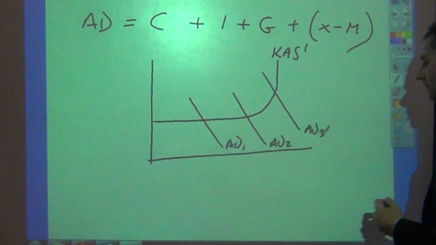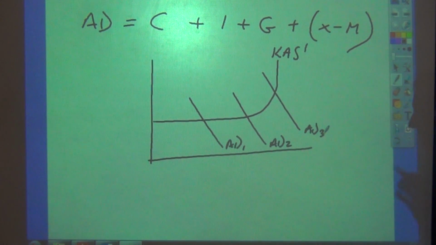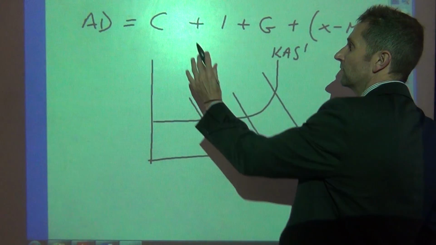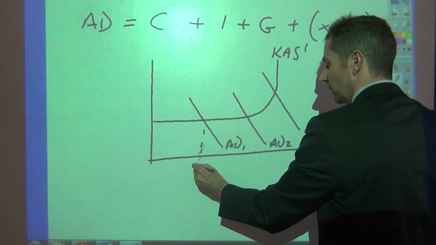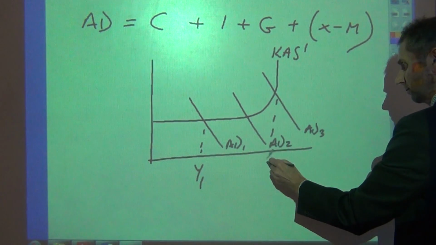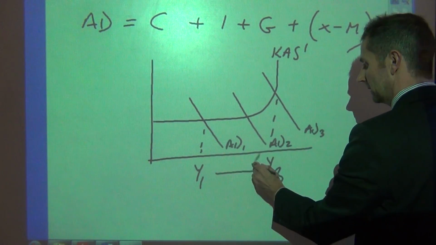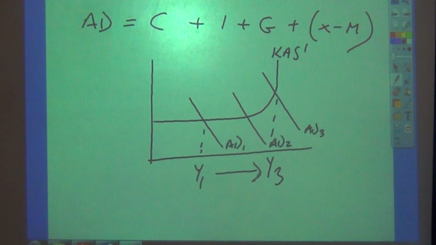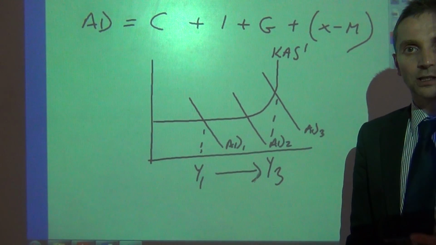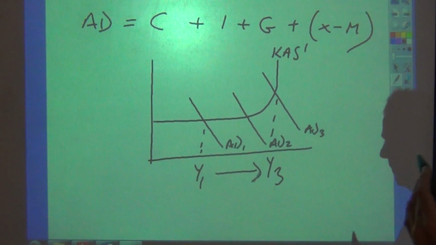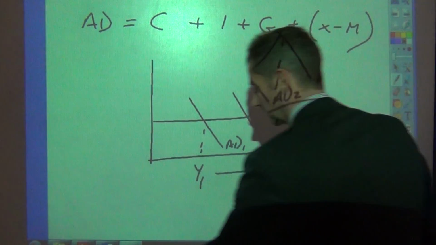Unlikely to see massive shifts in AD, shifting to the right, and causing, of course, what we're looking for here, which is growth from Y1 to Y3. And so that is putting a little bit of a dampener and a little bit of a brake on growth.